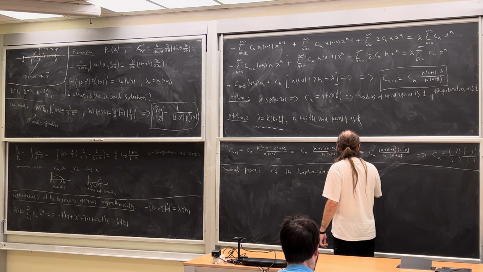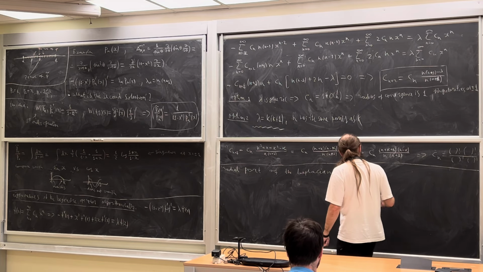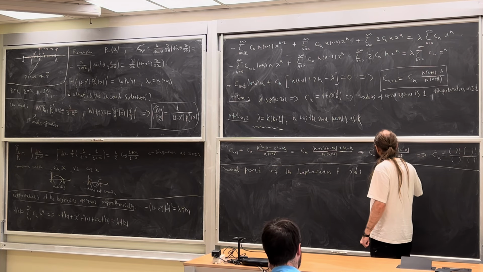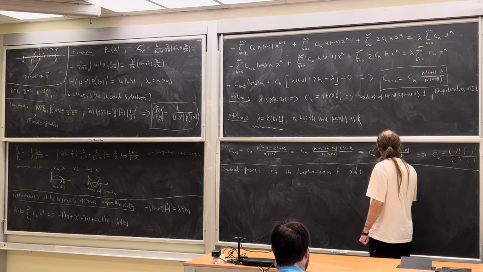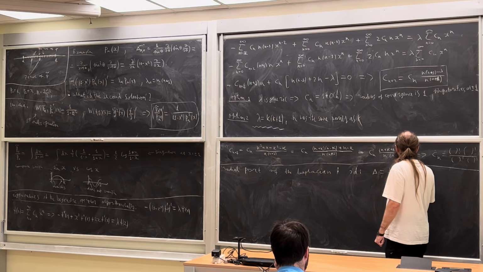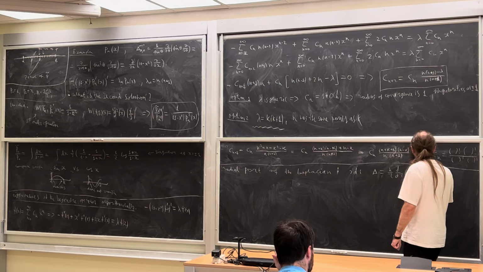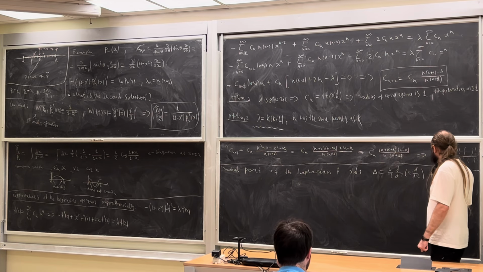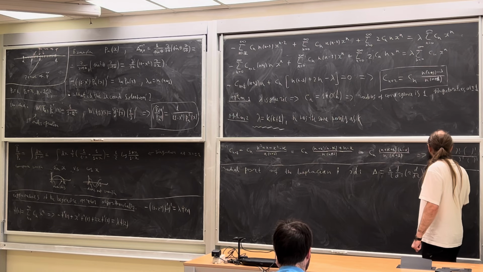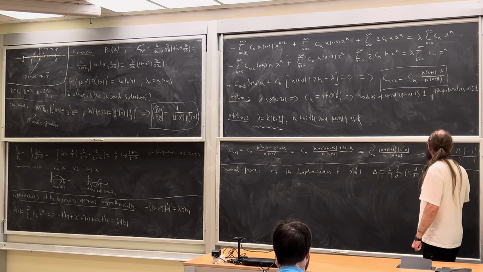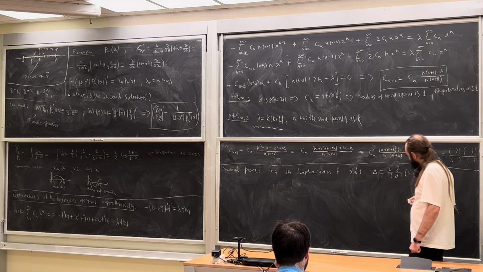So in the 2D case our Laplacian looks like this, and also the angular contribution for a given eigenvalue, m squared over r squared, and so on.